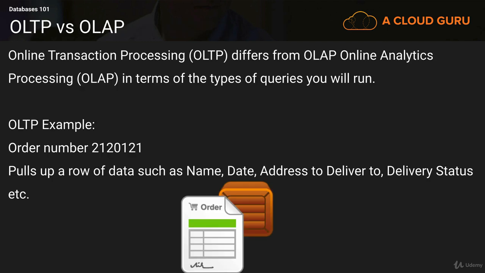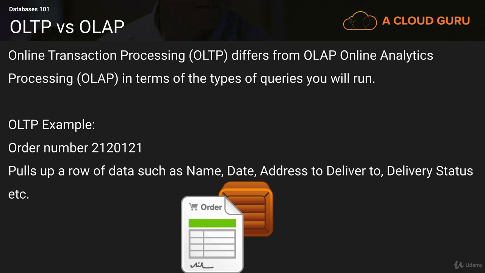And we'll have a look at an example of that in a second. But before we do, I just want to go on to OLTP versus OLAP. So you might hear this thrown around in the database community. OLTP simply stands for online transaction processing, and this is a little bit different from online analytics processing, or OLAP, and it's just in terms of the type of queries that you're going to run with. So let's look at an OLTP example.